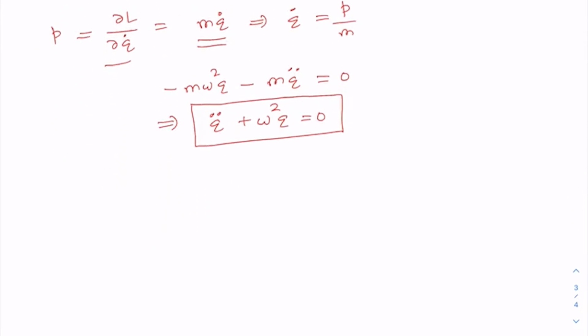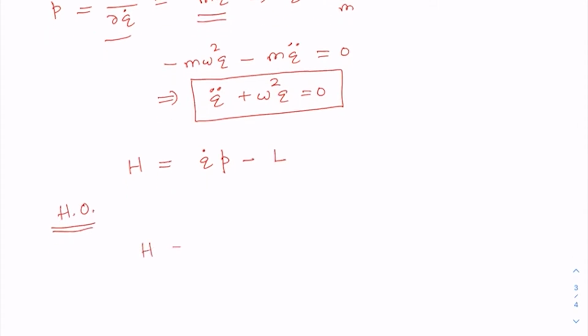Alright, now coming to the Hamiltonian of the harmonic oscillator. For the one-dimensional case, the Hamiltonian of a classical system is given by q dot p minus the Lagrangian. This Hamiltonian is a function of the position and momentum variables, so I have to express everything in terms of q and p only.